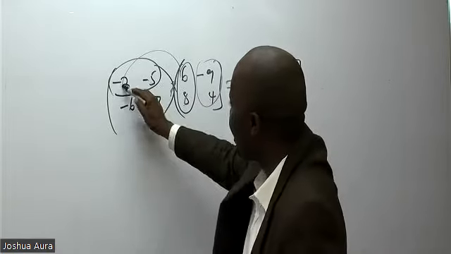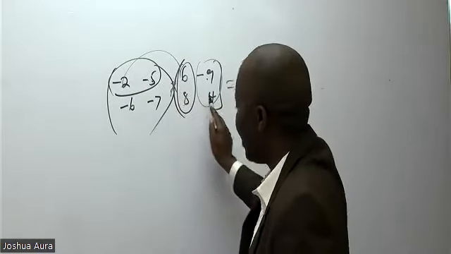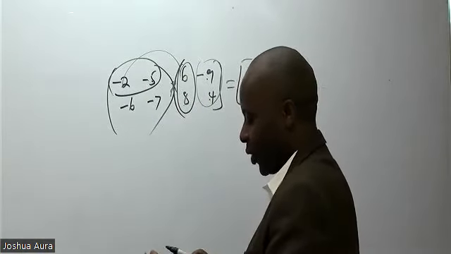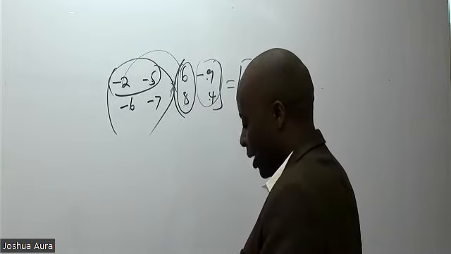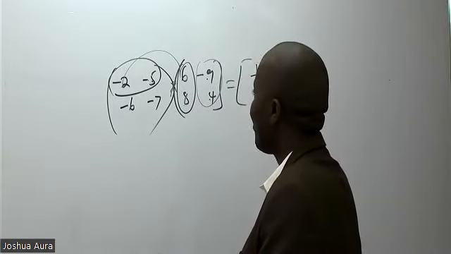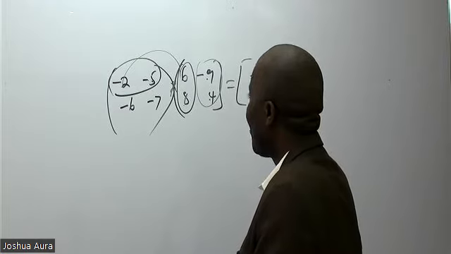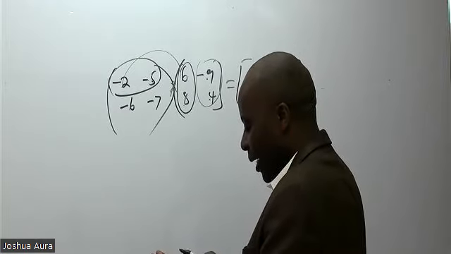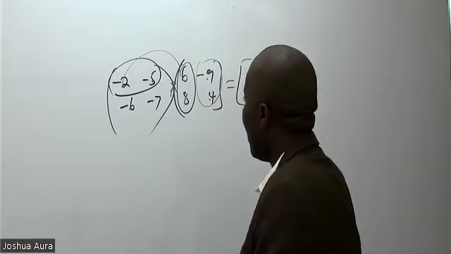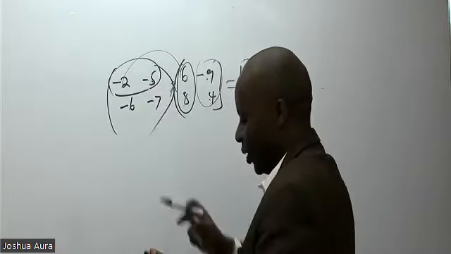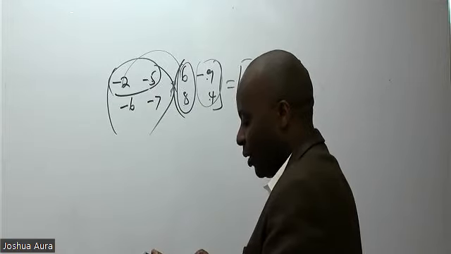It is this and this, this and this. Let's repeat this. So you're saying it's -2 times who? Times -9. All right. Plus -5 times 4 equals.